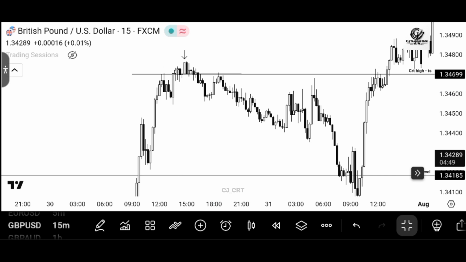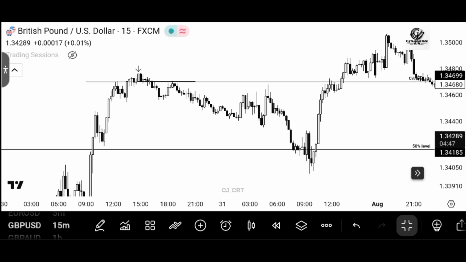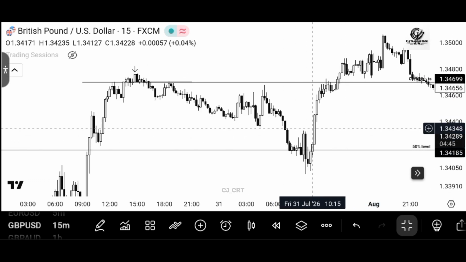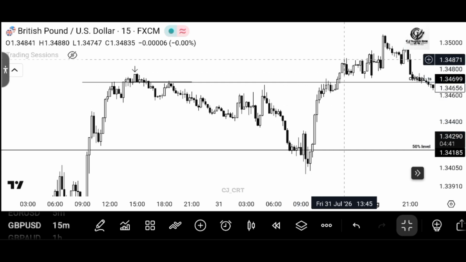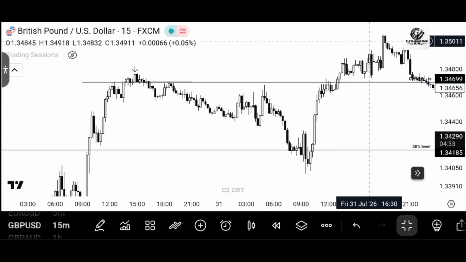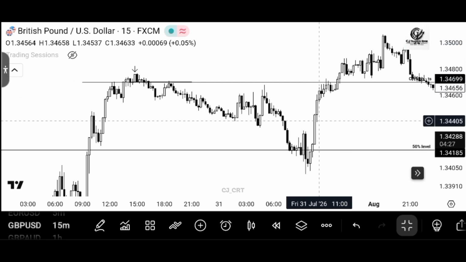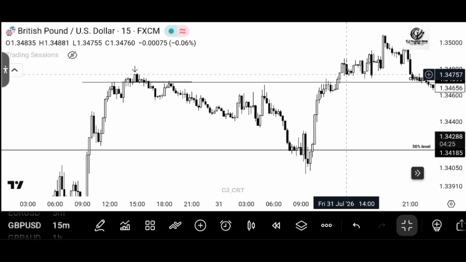And as you can see, after it got to the 50% level, what happened? Trend. It obeys the trend of the market.